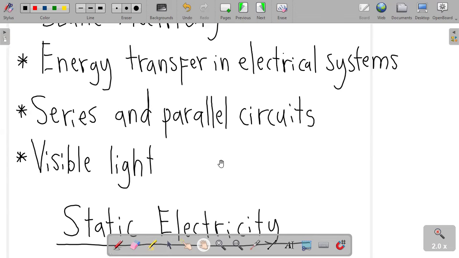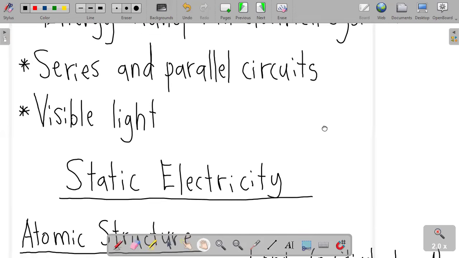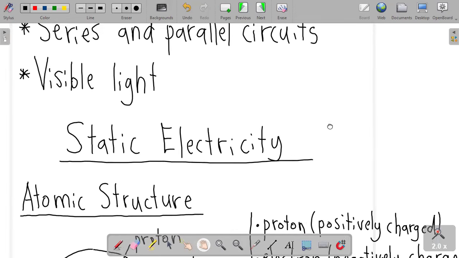Because it's going to be important here, because the movement of electrons comes from an atom. So we should know where the electrons are situated inside an atom.